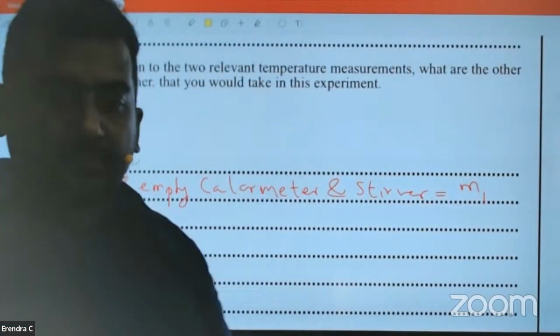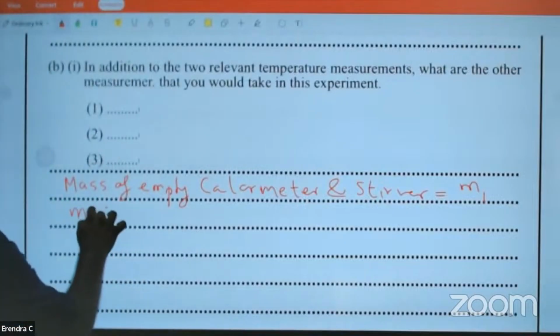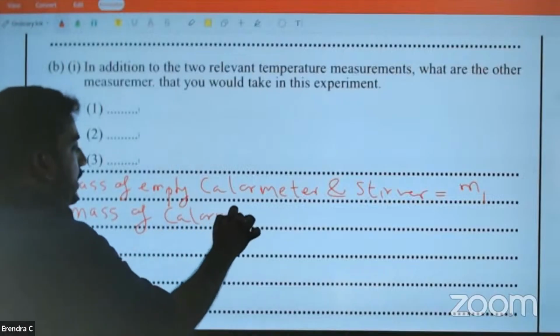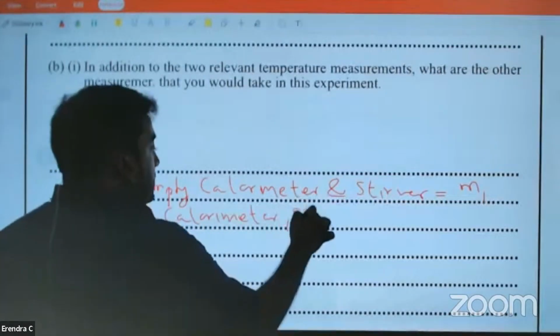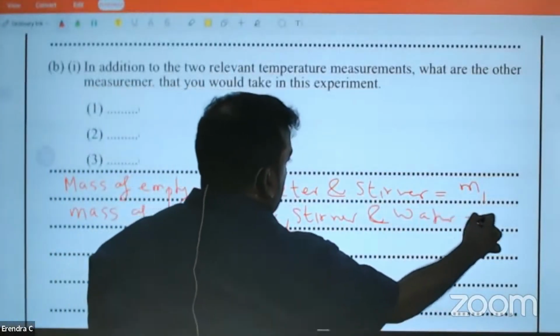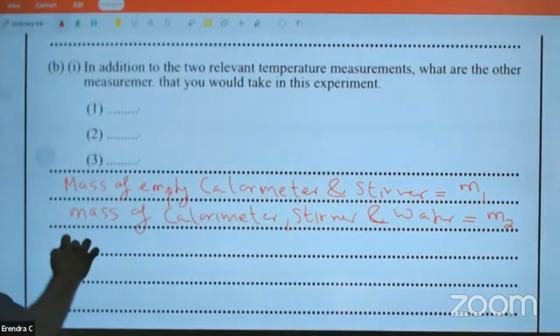Mass of calorimeter, stirrer and water, M2.